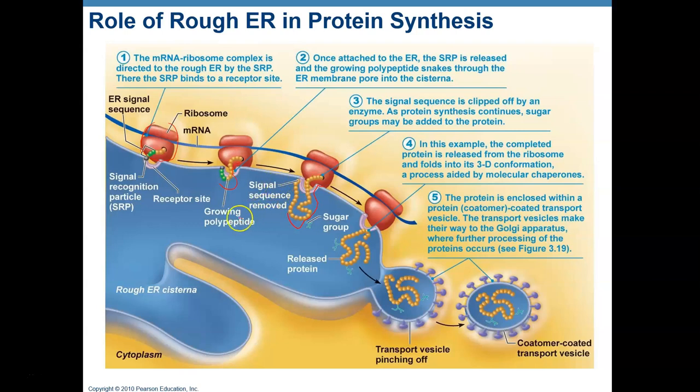And it can clean it up by getting rid of certain parts. It just cleans up the protein overall, and can add sugar groups where needed so that they're ready to go to the next section, and they're transported in a vesicle.